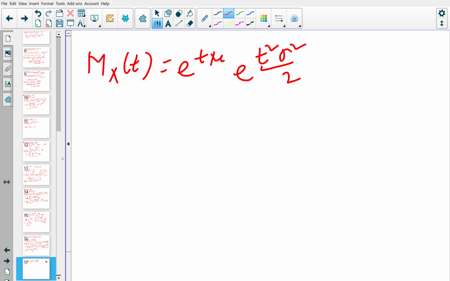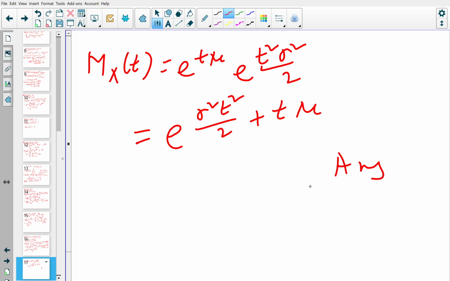Okay, and then you write it in terms of e power sigma square t square by 2 plus t mu, and this is the answer. So this is the moment generating function for a normal random variable with mean mu and variance sigma square.